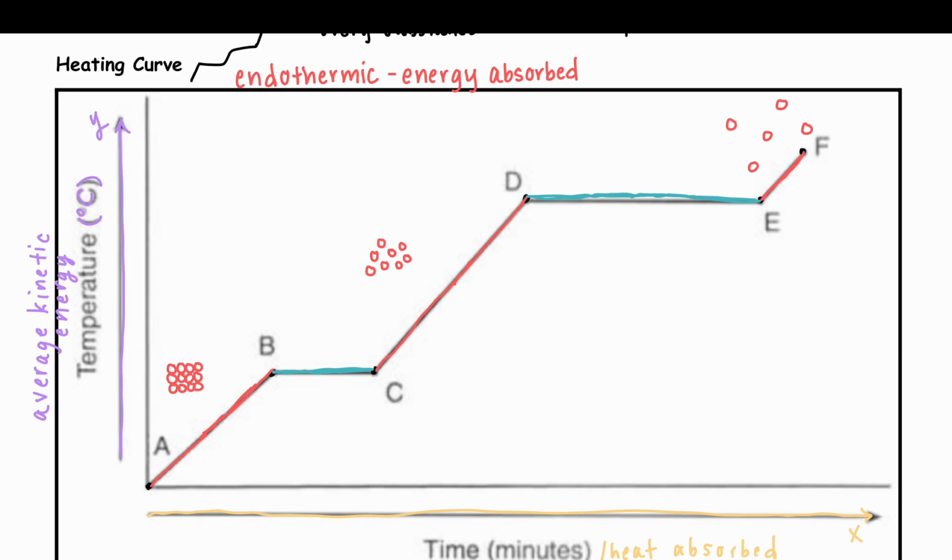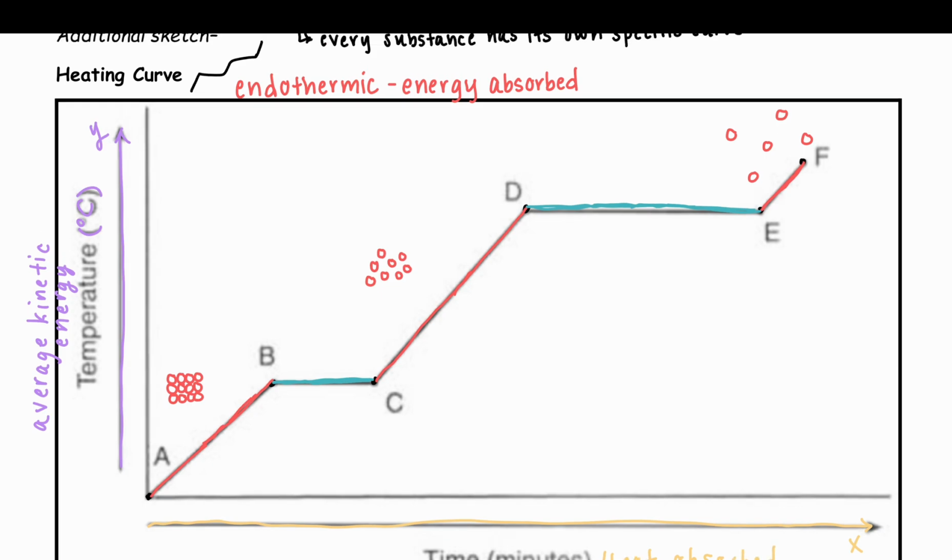And on the y-axis, you have temperature. Again, temperature is the average kinetic energy of particles in a substance. So the lower the temperature is, the less the average kinetic energy is, the less motion those particles have. And as you increase that temperature, the more kinetic energy the substance has.